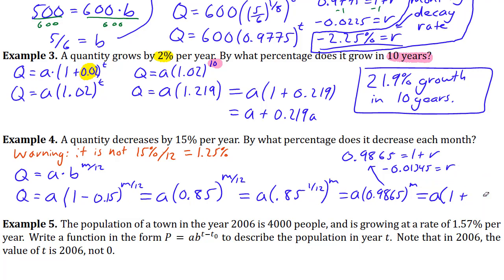So that's what we have here, is 1 minus 0.01345. So what percent is it decreasing by? If you move the decimal place over 2 times, we'll see that that's going to be 1.345%.